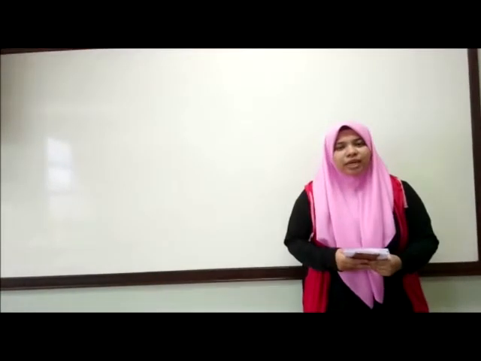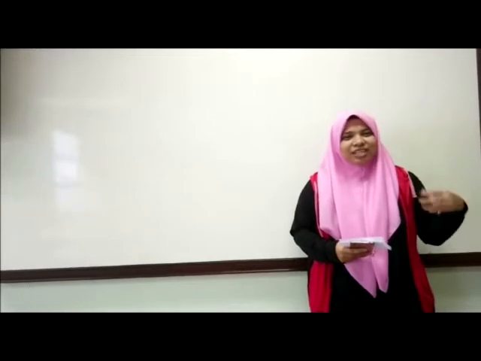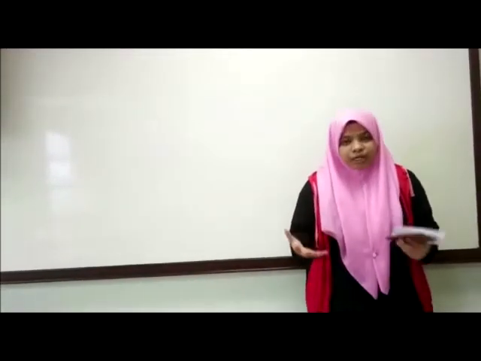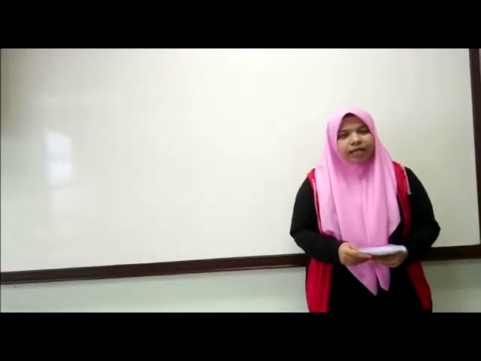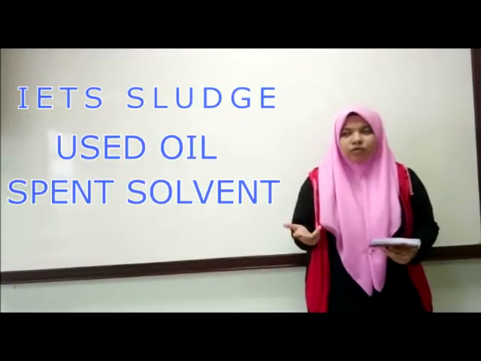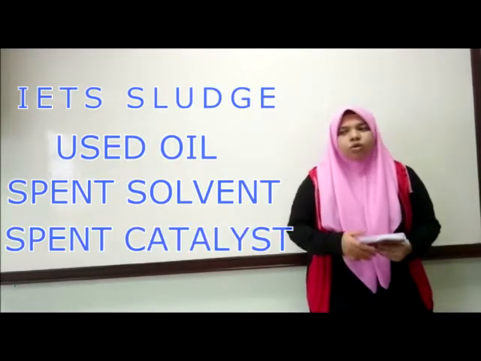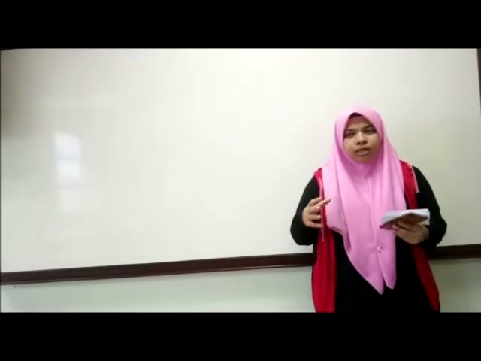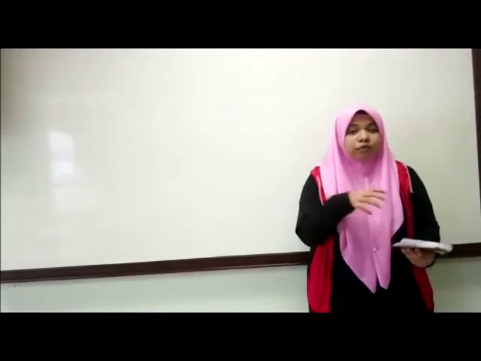My name is Linda. I will explain to you the scheduled waste that is produced from Maju Chemicals. So Maju Chemicals has produced 4 scheduled wastes, which are IETS sludge, used oil, spent solvent, and spent catalyst. For the different wastes, we use different labeling.